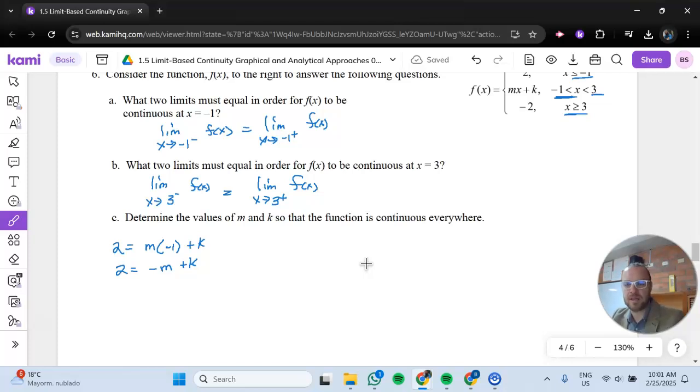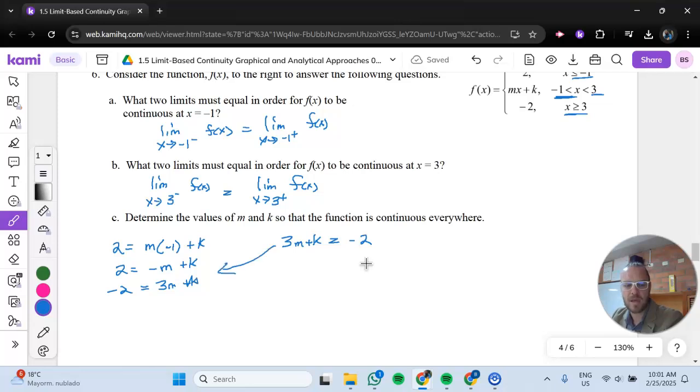Now, this time instead of x being negative 1, it's going to be 3. So this is going to be 3m plus k, which needs to be equal to negative 2. Sorry, that should have been 3m, my bad. Now we can put these together. So I'm going to say negative 2 is equal to 3m plus k.